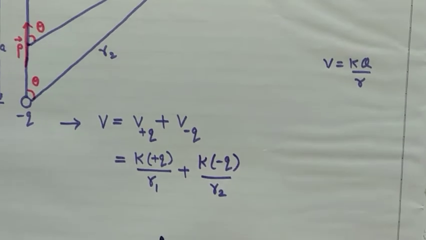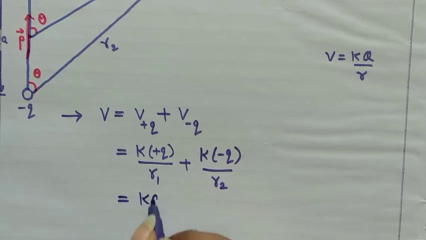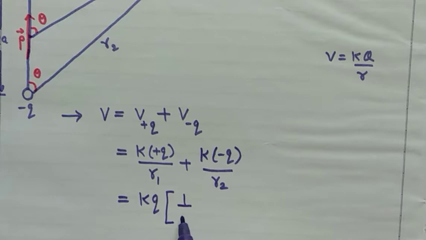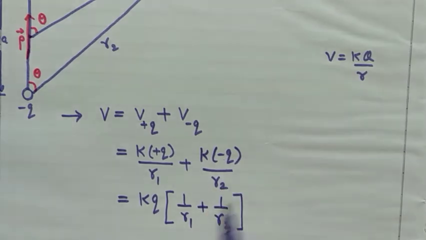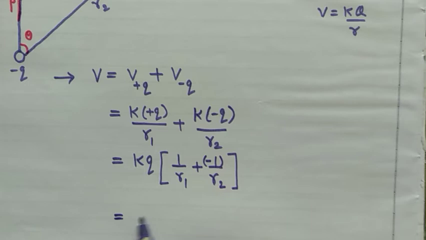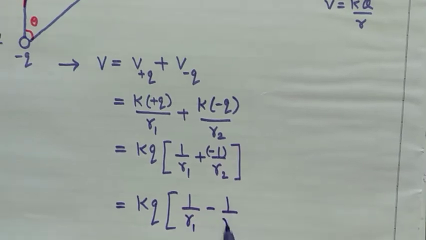Now from this equation, I can take KQ common. I'll be left with 1 upon R1 plus 1 upon R2. Sorry, this was negative over here. So substituting the negative value, I get 1 upon R1 minus 1 upon R2.